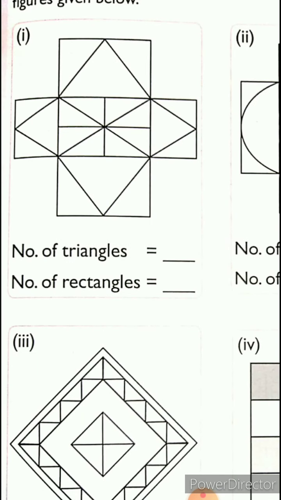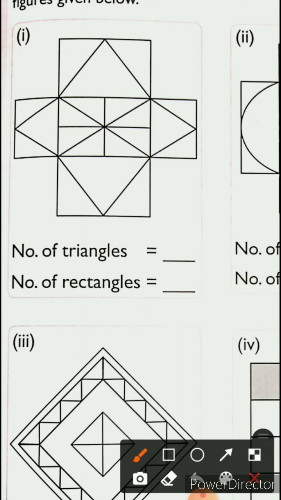So here first we have to count the number of triangles. Okay, so it's 1, 2, 3, 4, 5, 6, 7, 8, 9, 10, 11, 12, 13, 14, 15, 16, 17, 18, 19 and 20. Okay, so here we have 20 triangles.